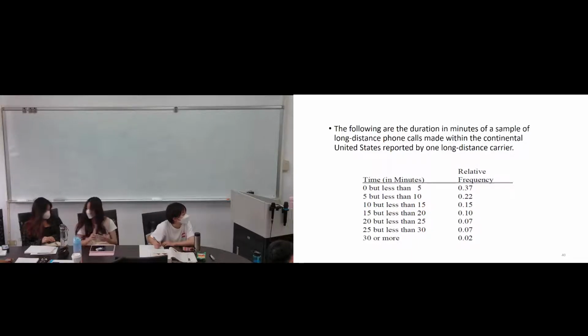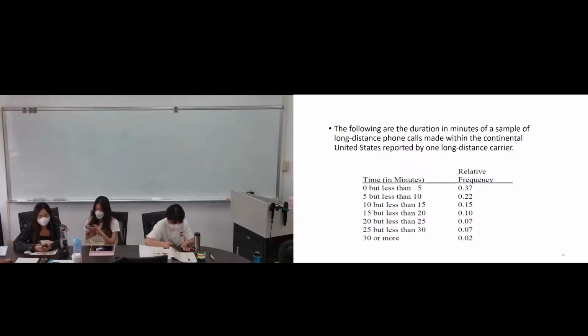There are 7 classes. 0 but less than 5, the relative frequency is 0.37. 5 but less than 10, 0.22. 10 but less than 15, 0.15. 15 but less than 20, 0.1. 20 but less than 25, 0.07. 25 but less than 30, 0.07. 30 or more, 0.02.